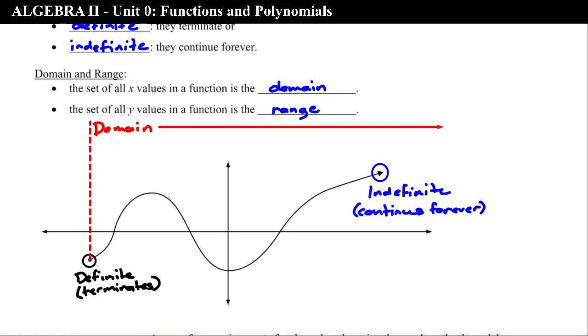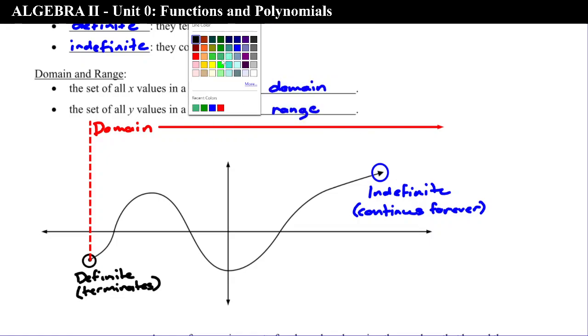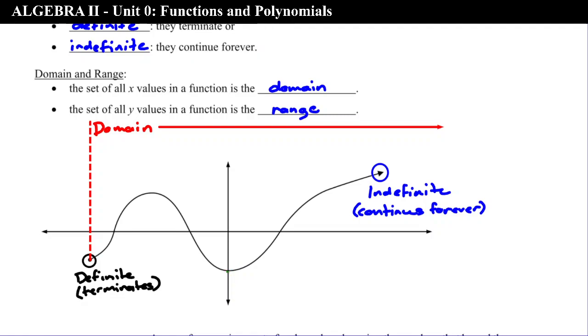Now, let's look at the range. We can look at the range in a similar manner by looking at the bottommost part of the graph first. And when we look at what our bottommost part of the graph is, it's at that absolute minimum value. Remember the absolute minimum, there's nothing that goes below that. So our range would start here, because when we look at range, we go from bottom to top. Okay? So our range begins at that minimum value. And our range is going to continue on forever as we go up.